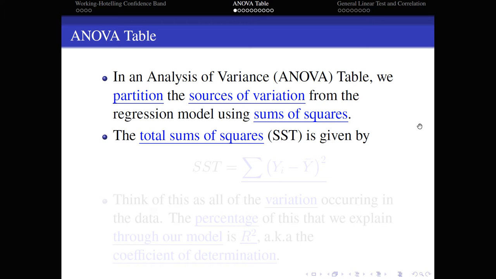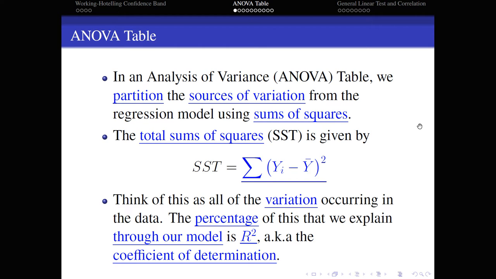So the big one that we start with is the total sums of squares, sometimes called SST or SS sub t. The total sums of squares is just the sum of (y minus y bar) quantity squared. This is the sums of squares in the outcome, and this represents a measure of the total variability in the data. This is, in some way of thinking, all of the movement in the data.